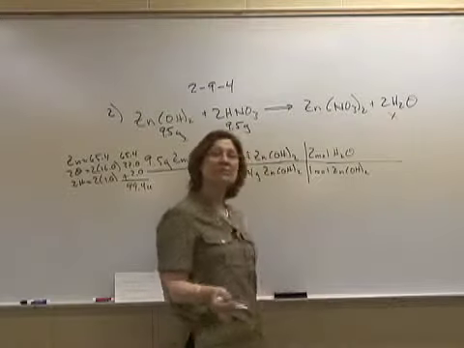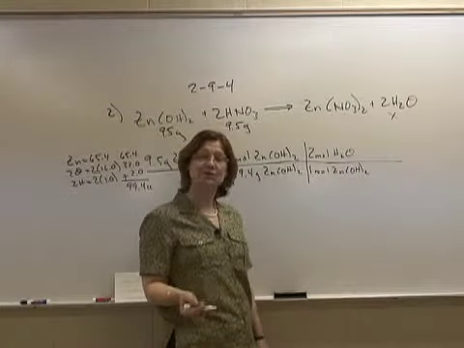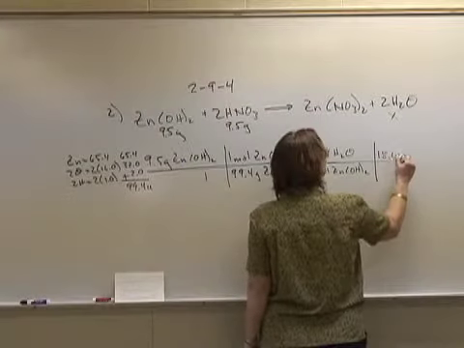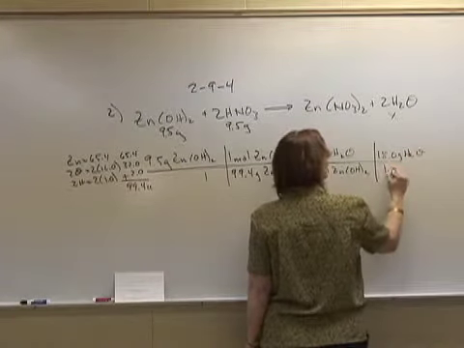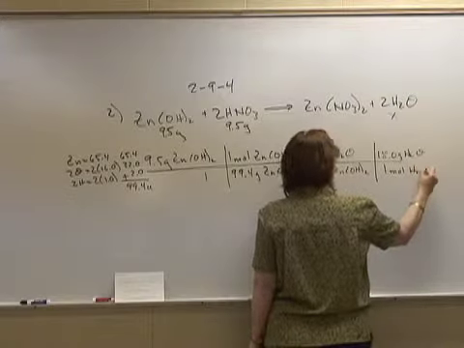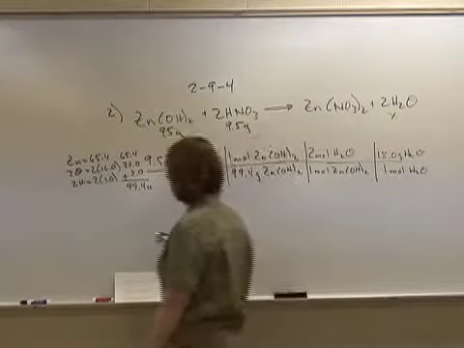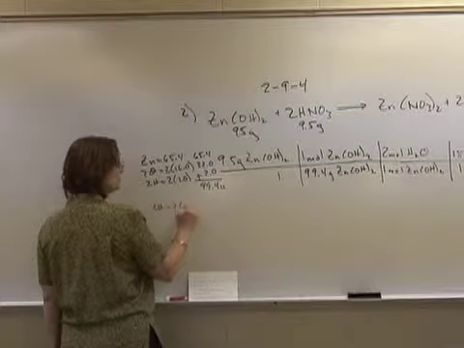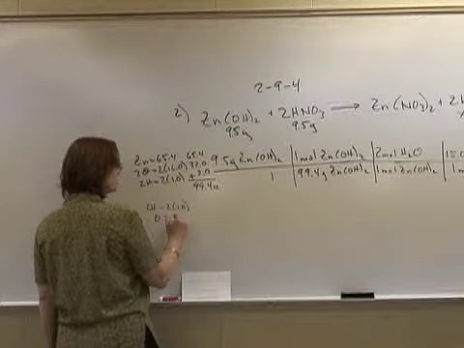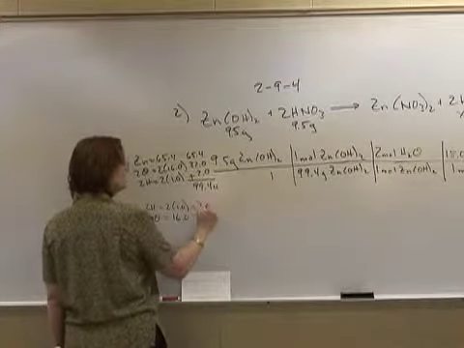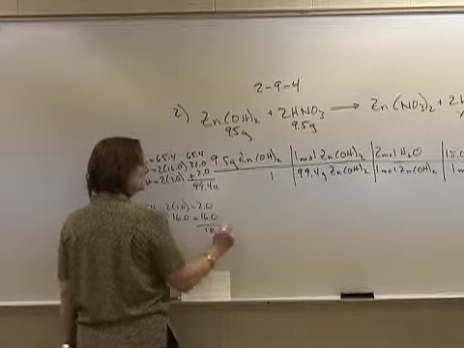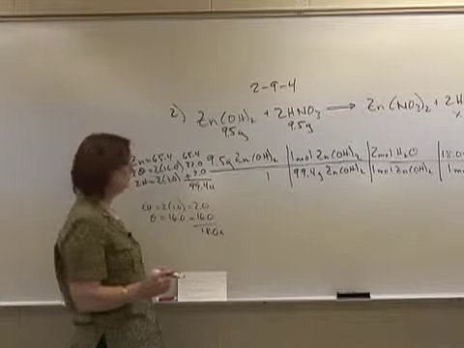And once I'm at moles of water, I just change my moles back to grams using the AMU. There are 18.0 grams of water for every 1 mole of water. And again, the AMU, I have water, I have 2 hydrogens, 2 times 1.0, and an oxygen, 2.0 and 16 gives me 18.0 grams per mole.